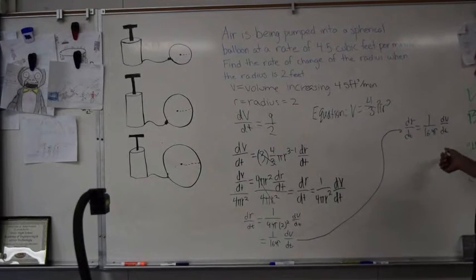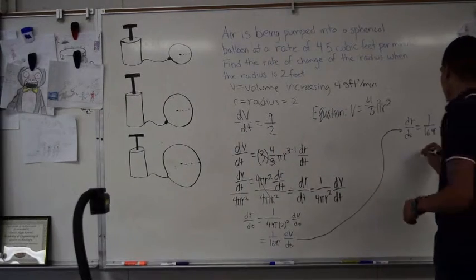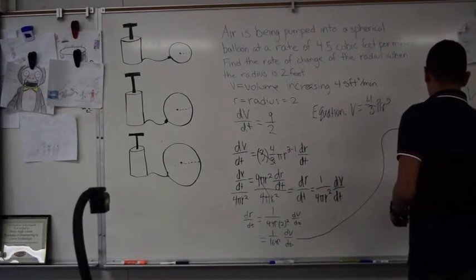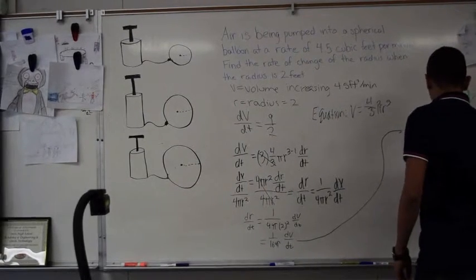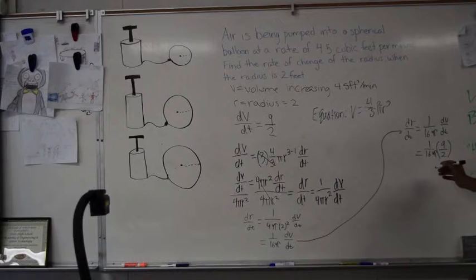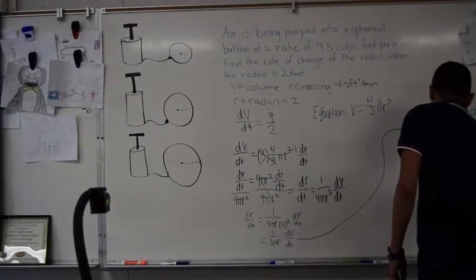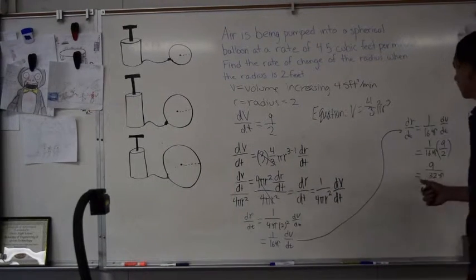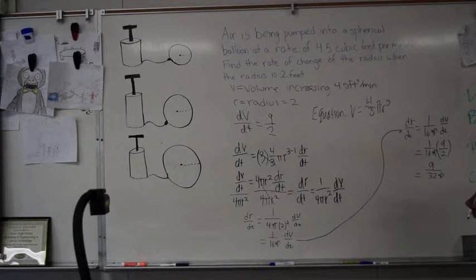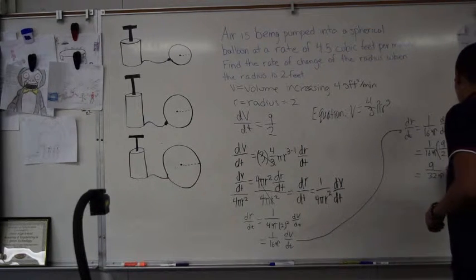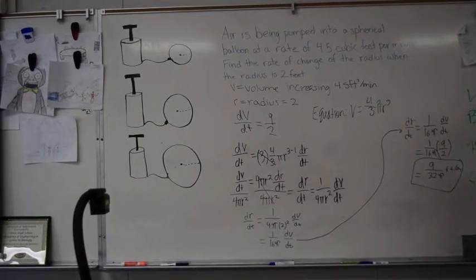So now we're not finished yet. We still have to substitute in our dV over dt, which is 9 over 2. And then we just finish multiplying it. And since it's looking for it in feet per minute, it would be as, and this would be our final answer.